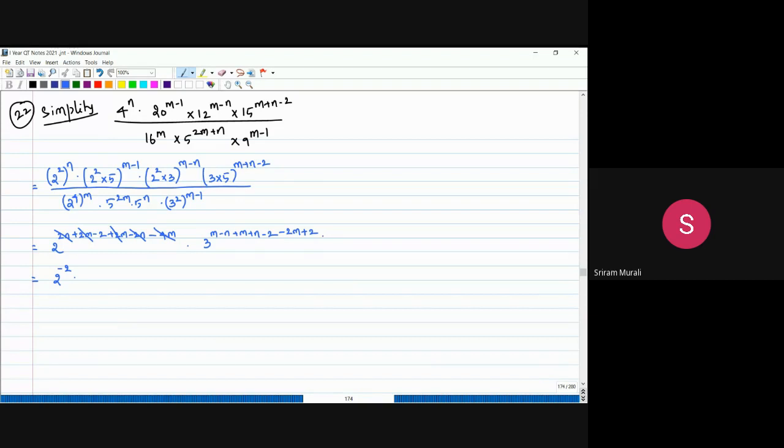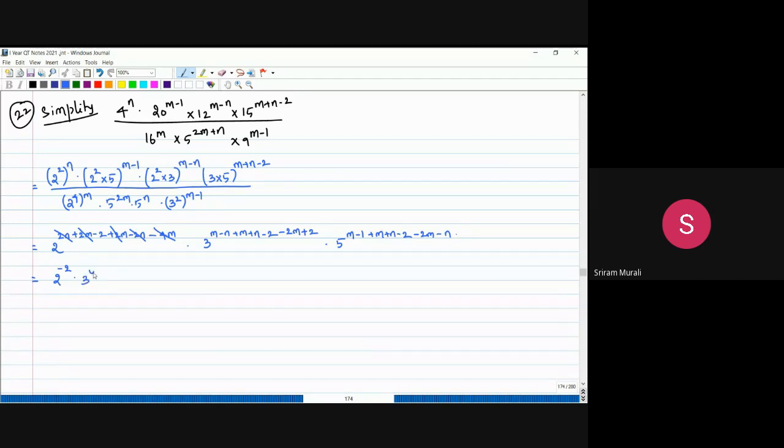So what about 5? 5 power m minus n, m minus 1. I'm sorry, this is 5 power mn minus 2. What about the last one? If it comes to numerator, this is minus 2m minus n. So what is the ultimate answer?